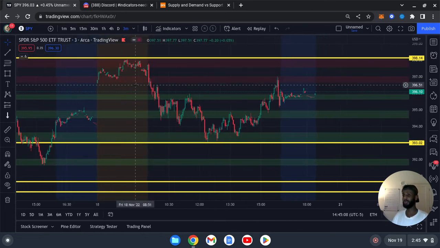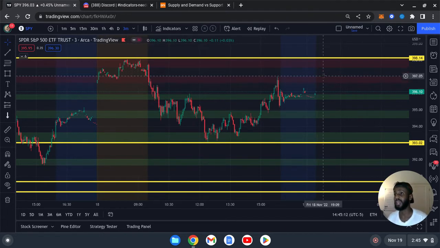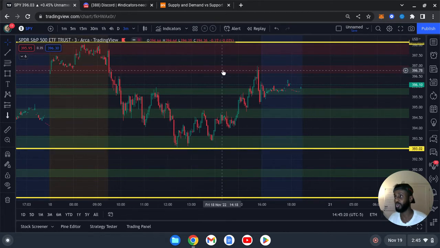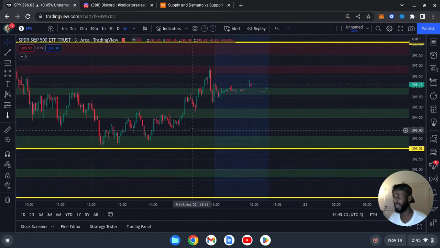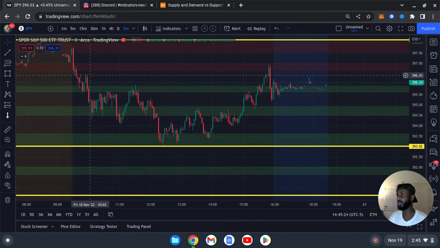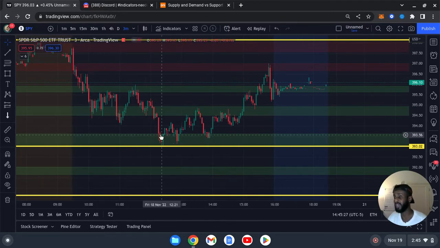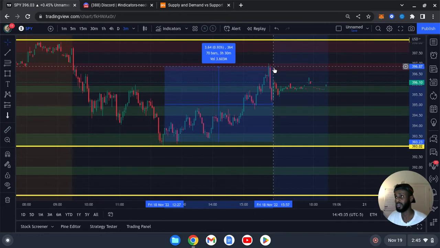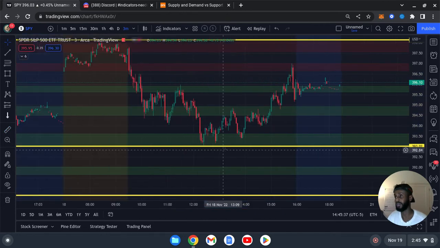The purpose of this strategy is to find trades that are both in a supply or demand zone and at a support or resistance level, and look for trades there. So we can see here SPY was selling off until it came to this support level, which was also a demand zone, and we've seen a nice move here of almost 1%.